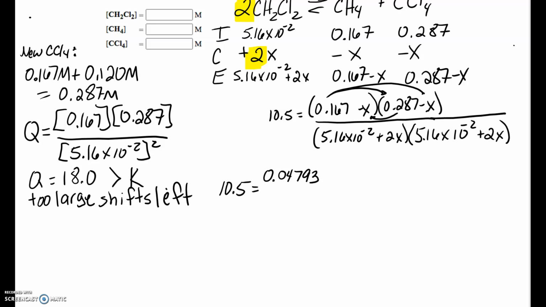Now the outers: 0.167 times negative x, so that's negative 0.167x. The inners: 0.287 times negative x. And the last, negative x times negative x, is a positive x squared. We can combine those x's in the next step.